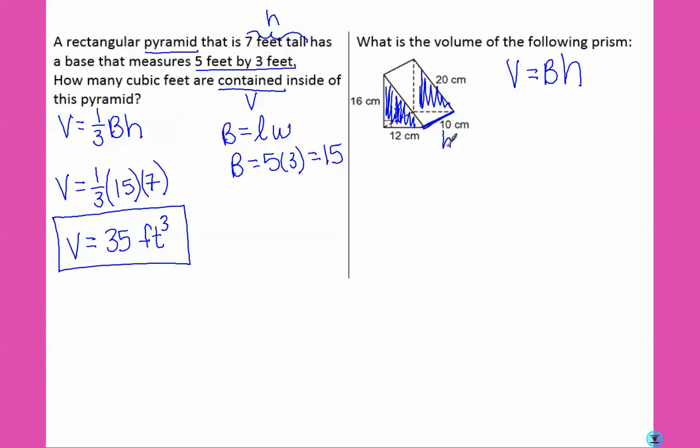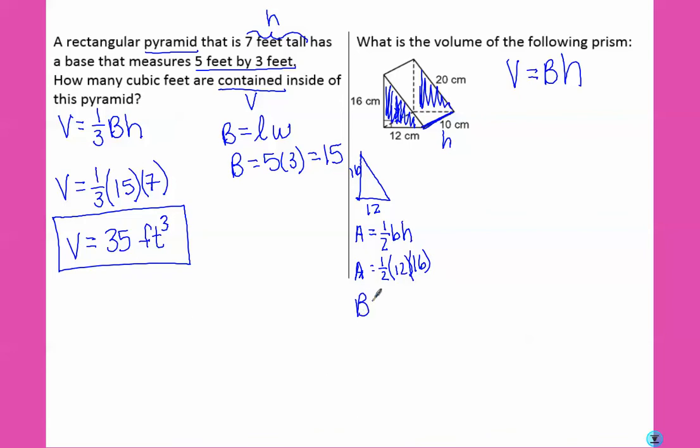The height is the distance between the bases. So we know that H is 10, but we need to find the area of the base, the triangle. And if you recall, the area of a triangle is 1/2 the length of the base times the height. So in this case, the area would be 1/2 times 12 times 16.